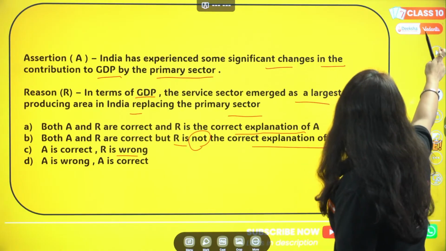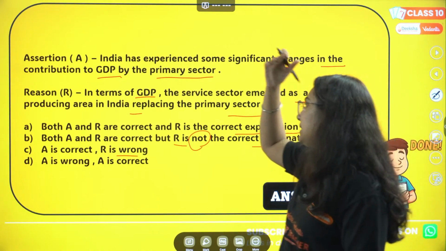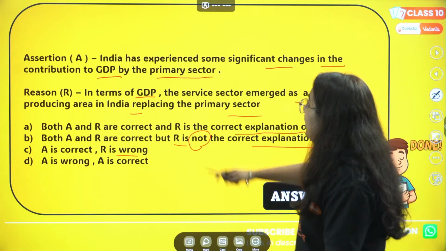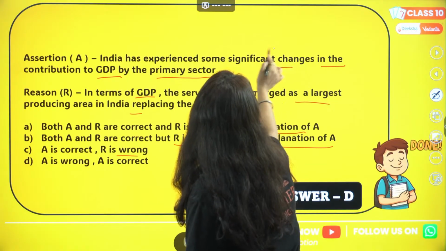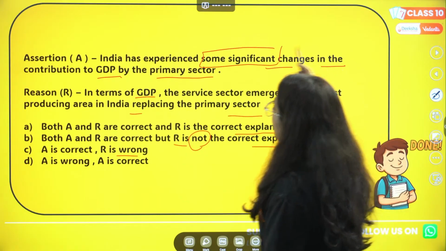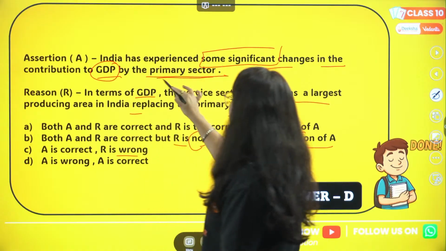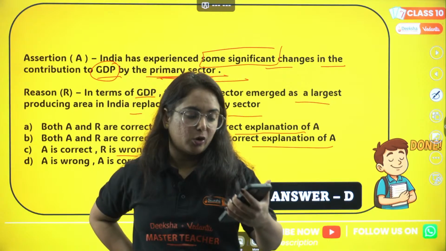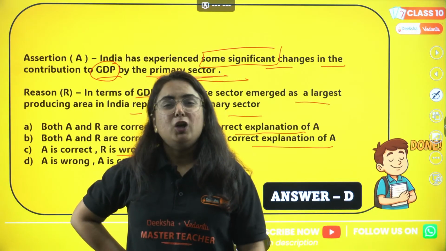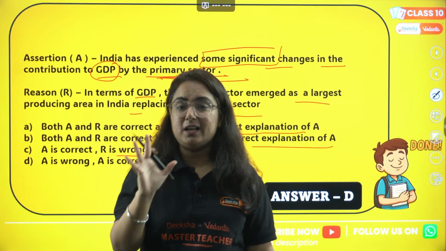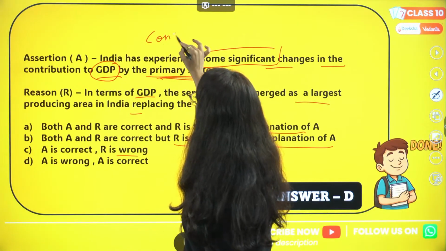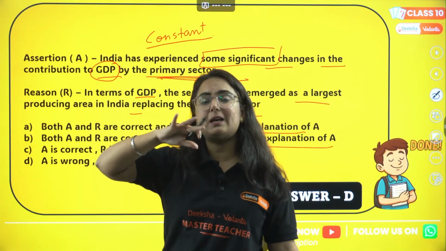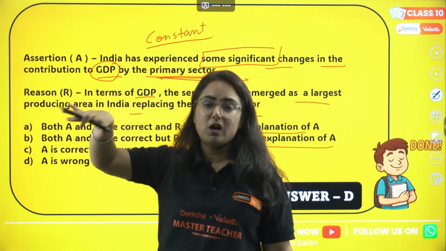So, students, the correct answer here is this. How, ma'am? India has experienced some significant changes in the contribution to GDP by the primary sector. What type of changes have been seen in the primary sector's contribution? No such large changes seen, right? We have seen that the percentage of the primary sector in GDP has been very constant for a long time.